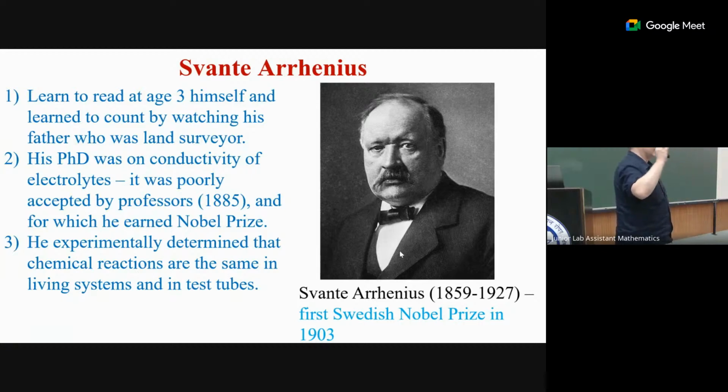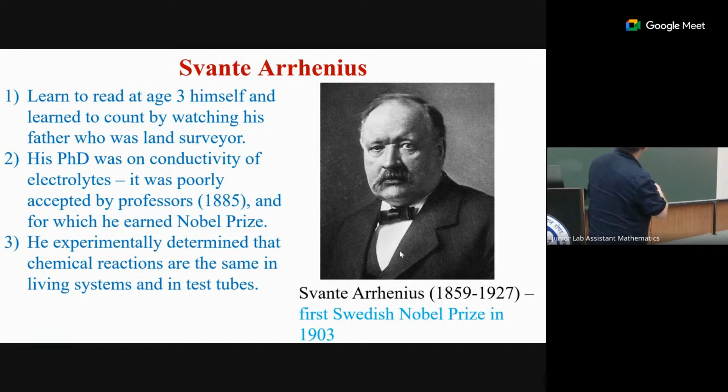Part of it. Other part of it was made on oil in Russia, in Baku, in Azerbaijan. There were several brothers in the family, so part of the money was made in Russia on oil. He lived a significant part of his life in Russia also. Anyway, Svante Arrhenius was the first Swedish Nobel Prize winner.